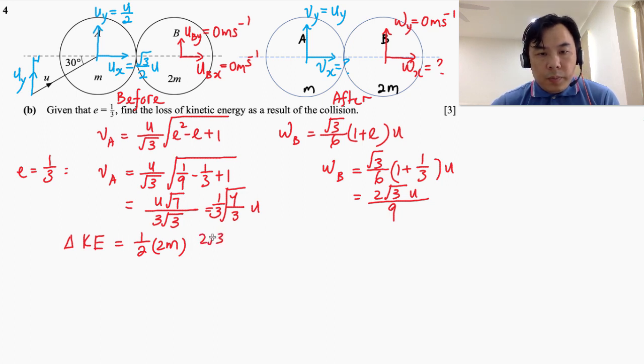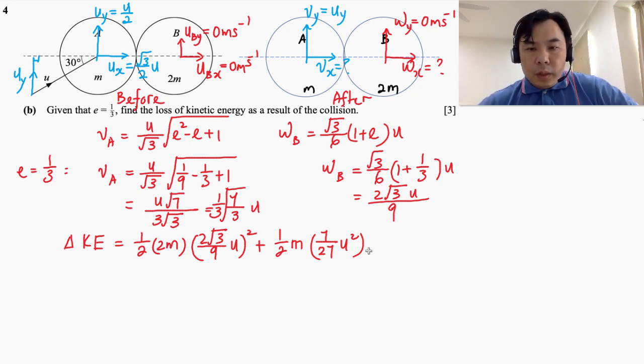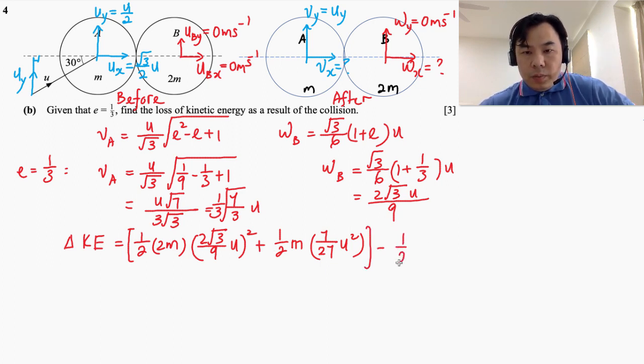We square the speed of A, which is this one here. Maybe I'll just write it down as this one will be 9, 3, 27. Okay, I just square directly. And then this is the final kinetic energy, subtract off its initial.